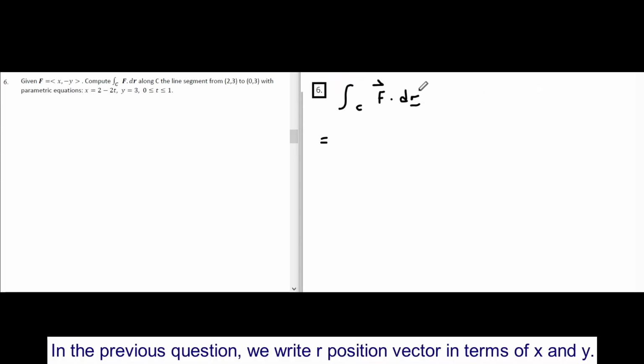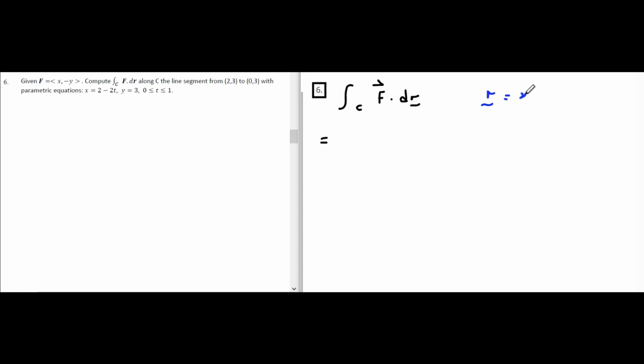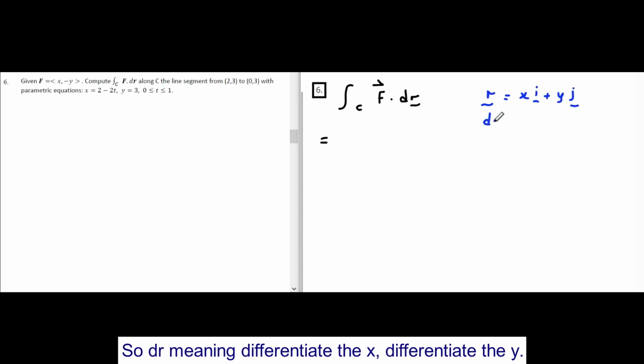In the previous question, we wrote the position vector r in terms of x and y. So dr means differentiate the x, differentiate the y.